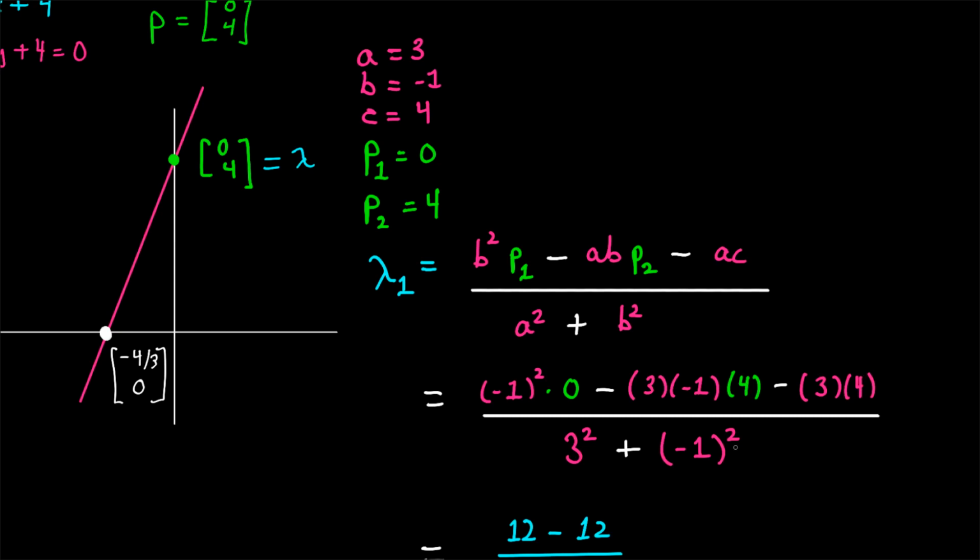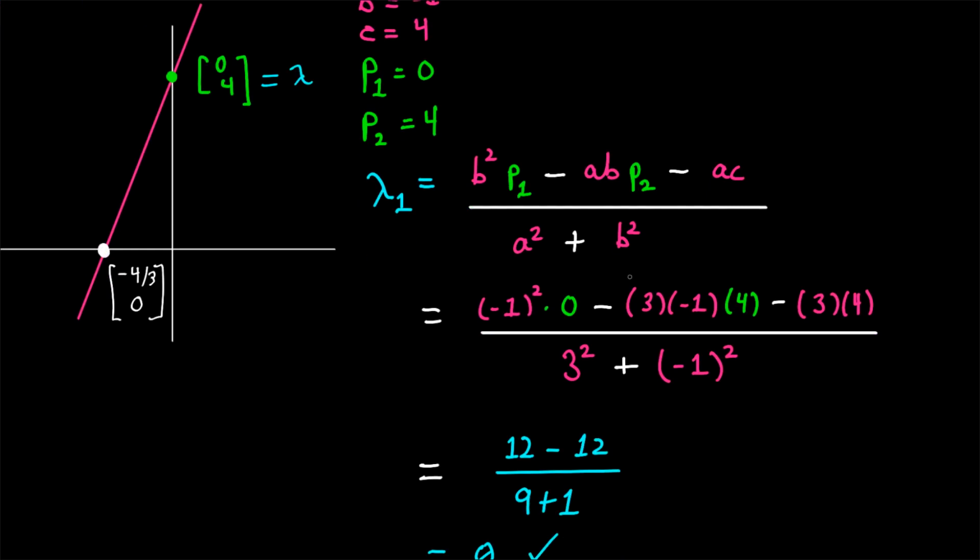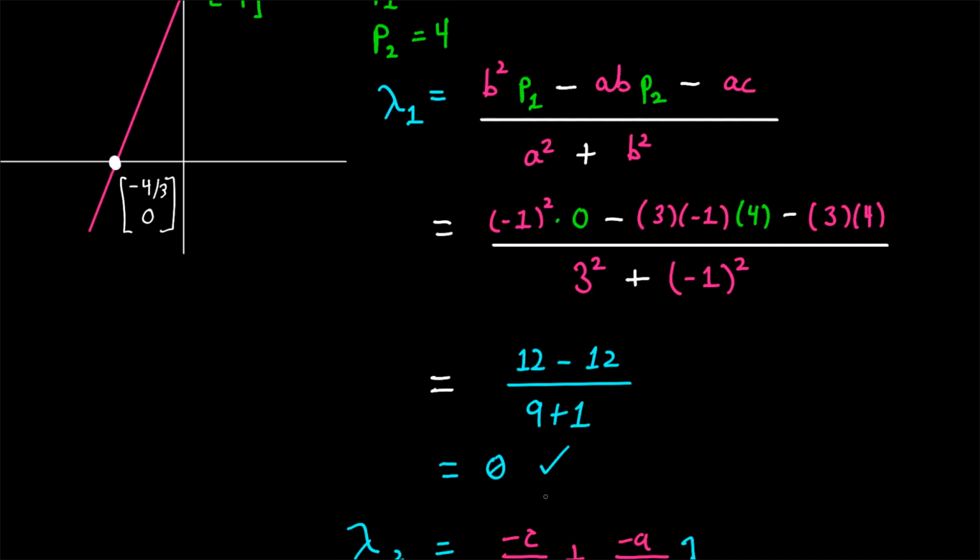So we should expect this to equal 0. And indeed, we get 0 plus 12 minus 12, so that's 0 over, it doesn't matter what the denominator is, but it happens to be 10. All right, and that's equal to 0, so we're good.